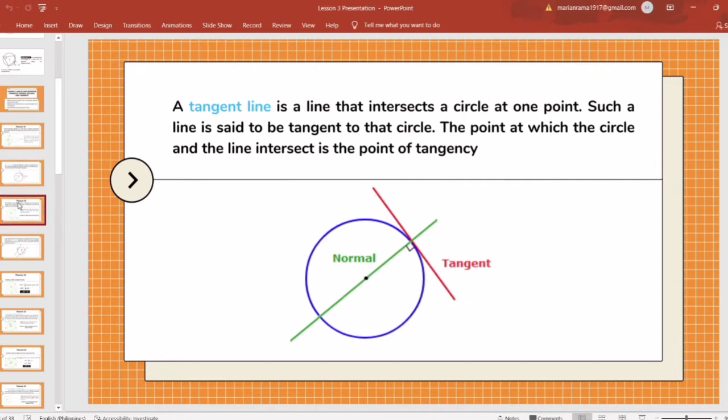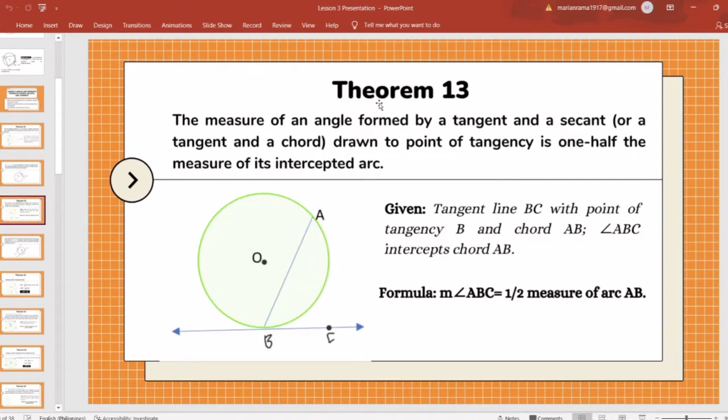Next, we have here our theorem 12. The measure of an angle formed by a tangent and a secant, or a tangent and a chord drawn to the point of tangency, is 1/2 the measure of its intercepted arc. So we have here our given. We have tangent line BC, with point of tangency B, and chord AB.